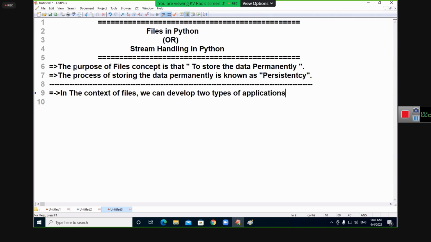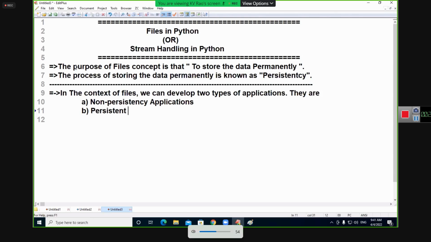What are those applications? The first one is non-persistent applications. The second one is called what? Persistent applications we can call.